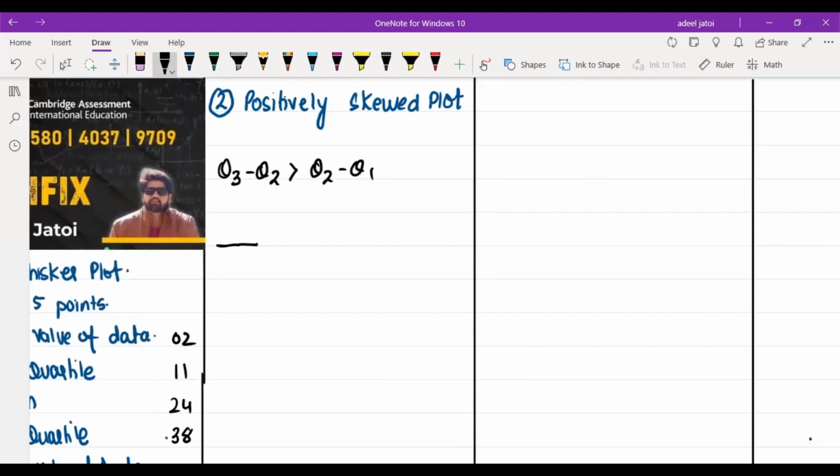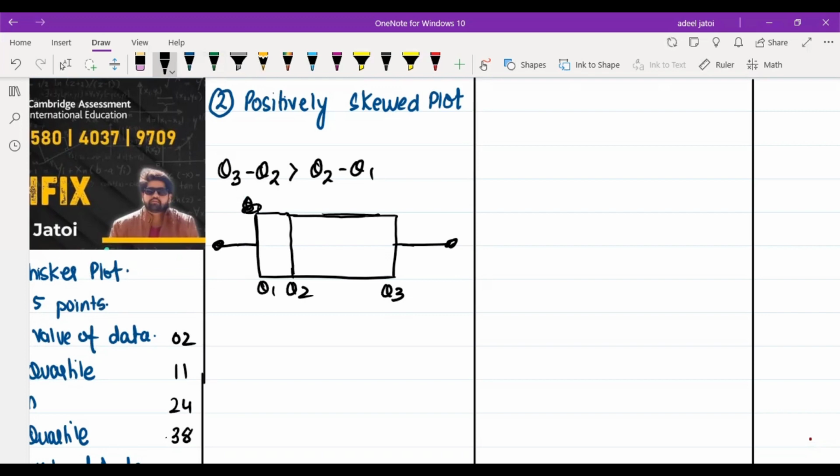Let's say this is your Box and Whisker, and this becomes your median. This is your starting point, this is your ending point, and these are Q1, Q2, and Q3. Q3 minus Q2 is greater than Q2 minus Q1. When the median line is more towards the left-hand side, this will be positively skewed.